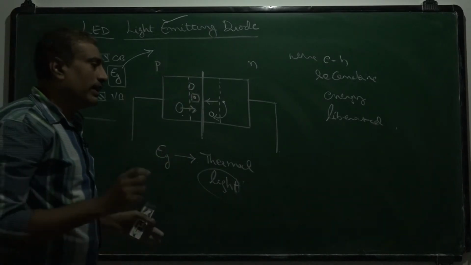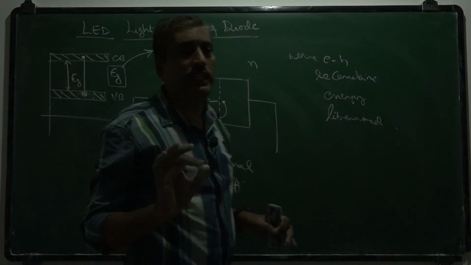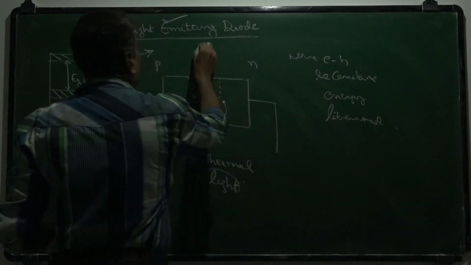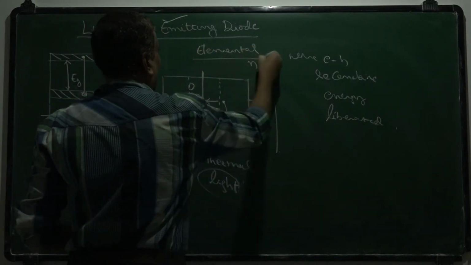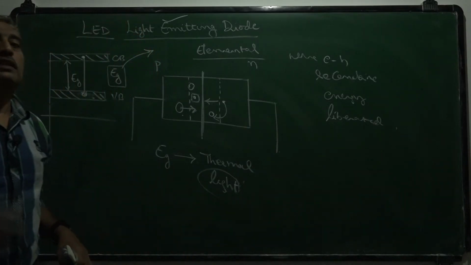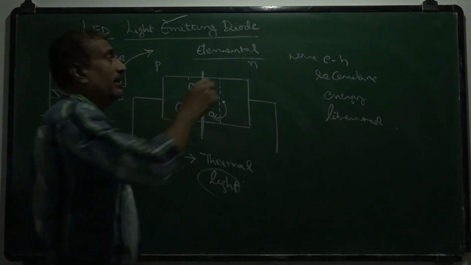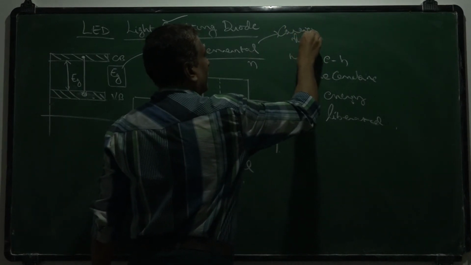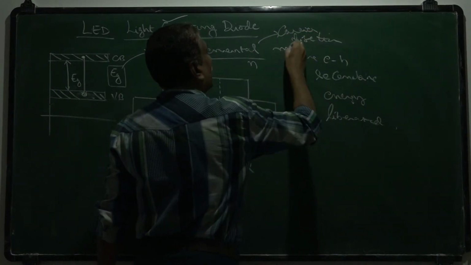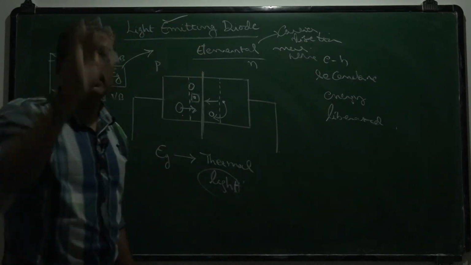Actually, in the case of silicon and germanium, which are elemental semiconductors, the carrier lifetime is more and the probability of recombination is very less.